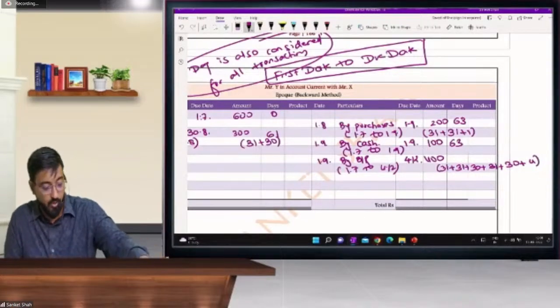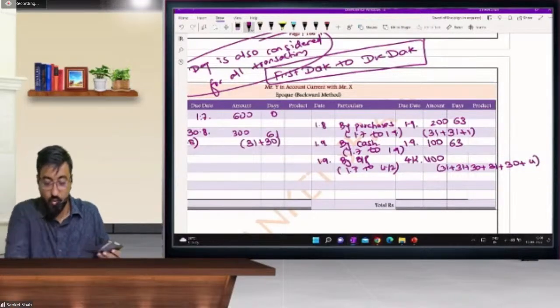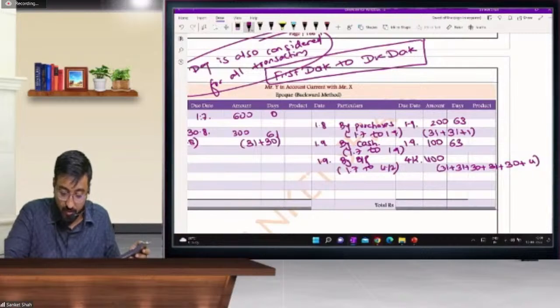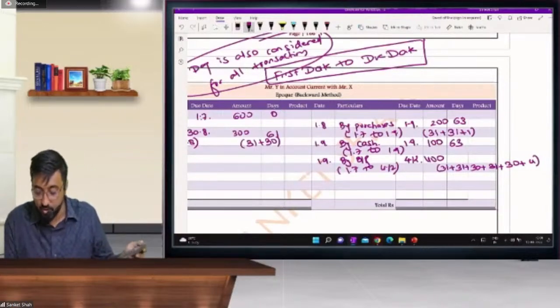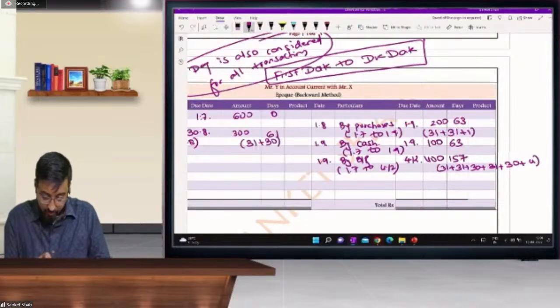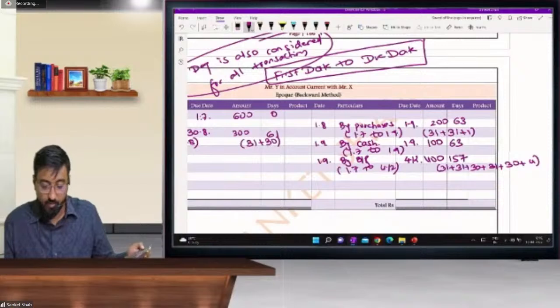Oh my God, how many days are there, beta? Who calculated? 63 and 157, sir. 157, correct? 31, 31, 30, 31, 30, 4.